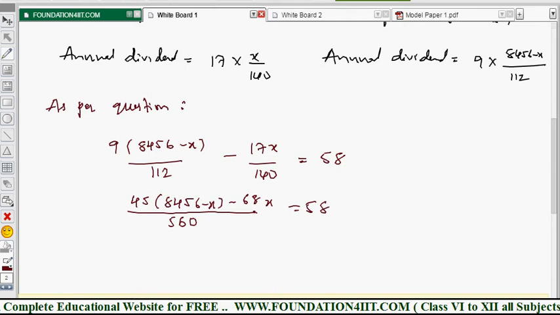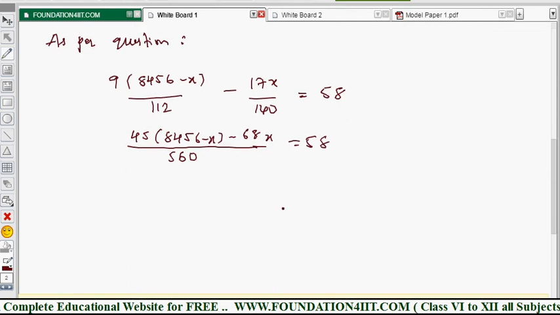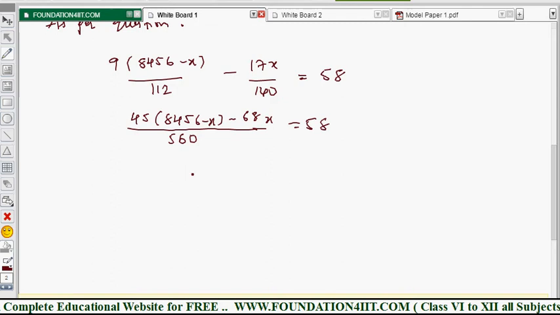That calculation you can do easily. Simplifying everything, 45 into 8456 minus 45x minus 68x equals 58 into 560.